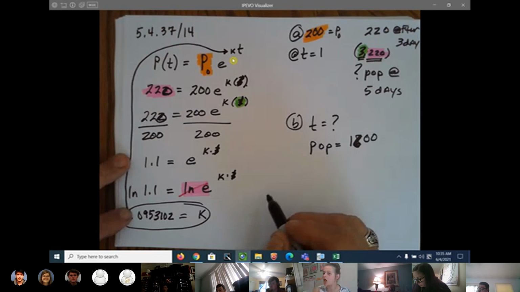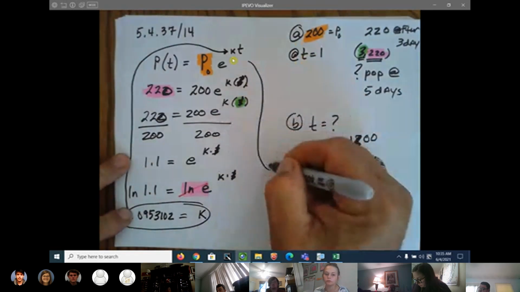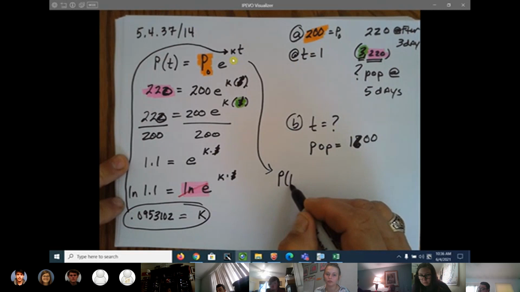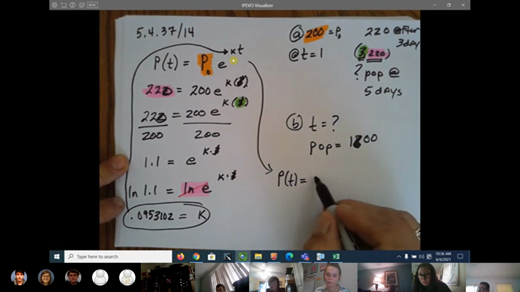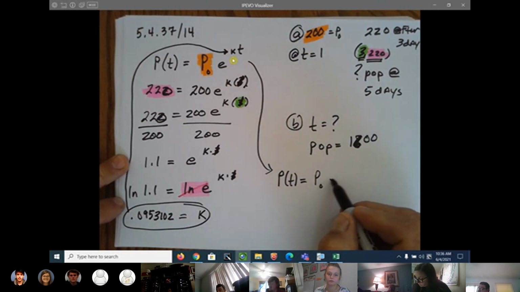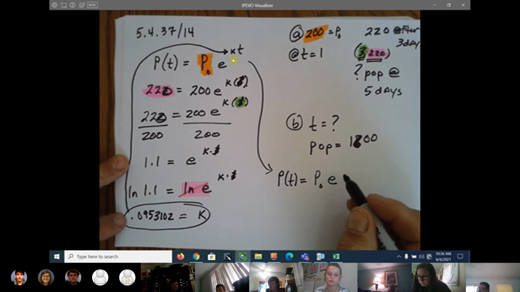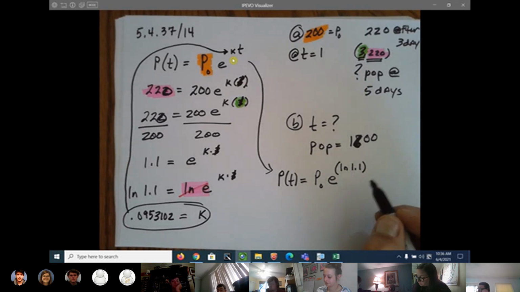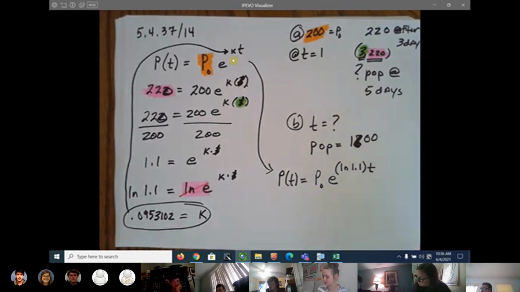So P of t is equal to P of 0 e to the k t, and I'm going to put natural log of 1.1, because that's in the calculator, times t.